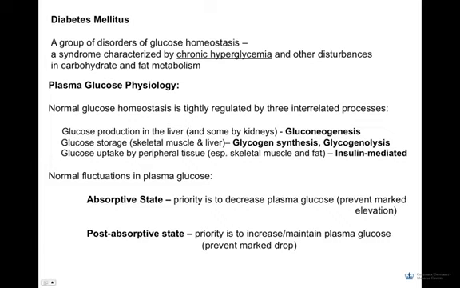Even moderate increases in blood glucose sustained over time are very toxic for a variety of tissue types, as we'll discuss later. But at the other end of the spectrum, we don't want blood glucose to get too low.